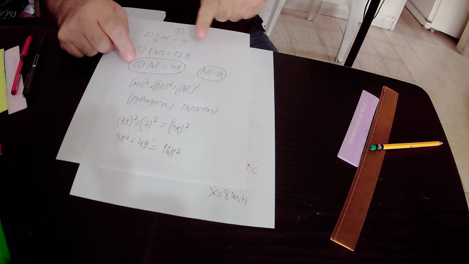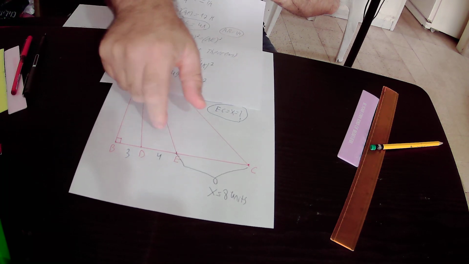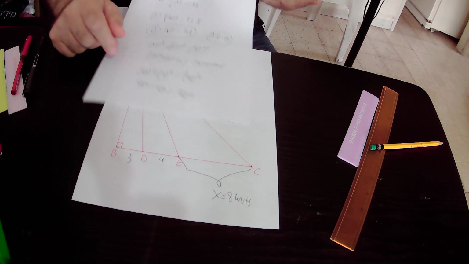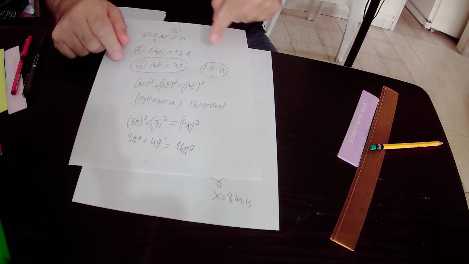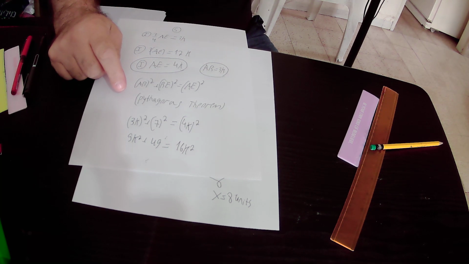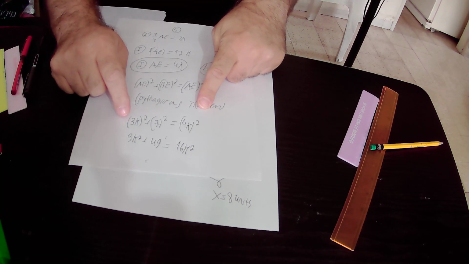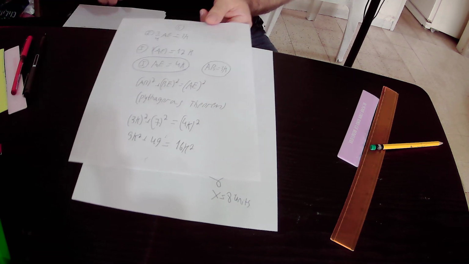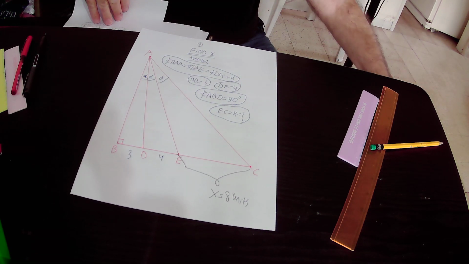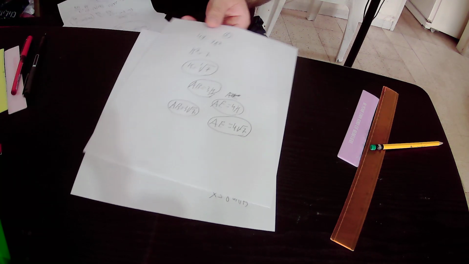We know that AB equals 3K, BE equals 3 plus 4, that is 7, and AE equals 4K. So we got this equality, and from it we found that K equals root 7 units.